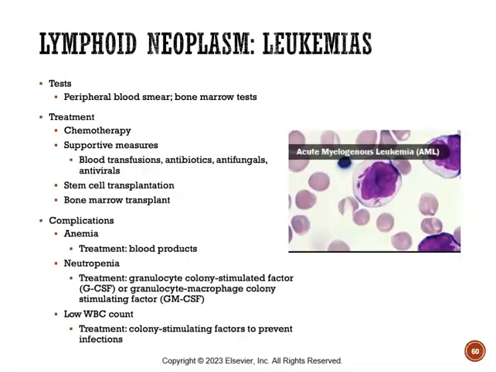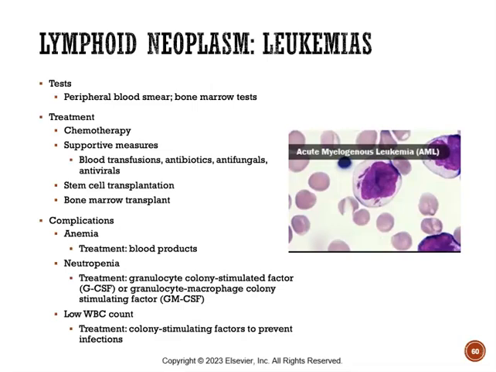Now, to diagnose these acute leukemias, we start with a peripheral blood smear and bone marrow test to identify any abnormal looking cells. And once we get diagnosed, the treatment will focus on eliminating the cancerous cells while managing the complications that came up.